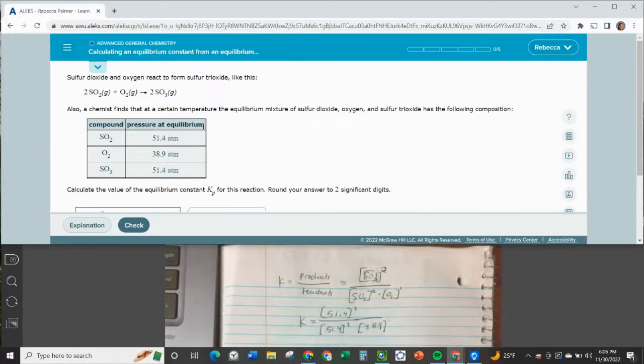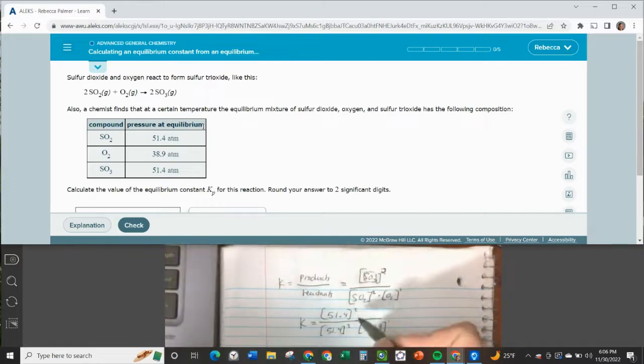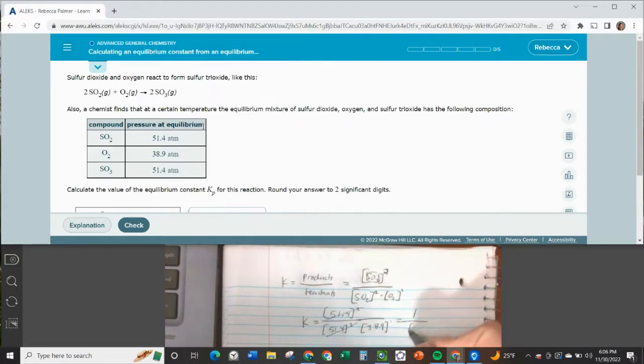Okay, I don't need to put the 1. All right, so then if I look at this, I can just simplify this. You can type this all in your calculator, or you can simplify. So this is just basically 1 over 38.9.